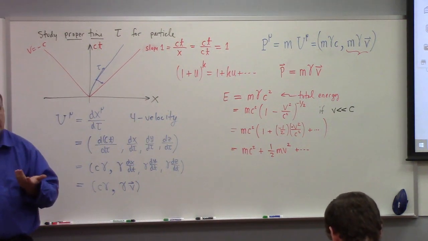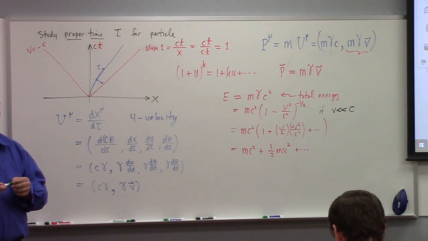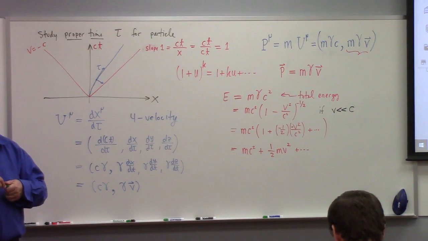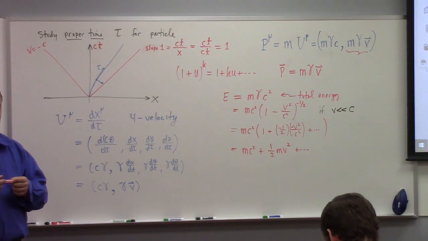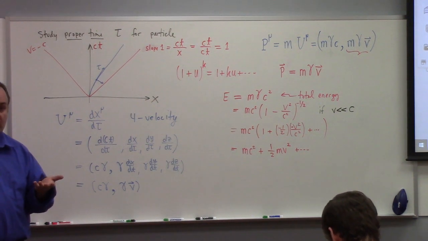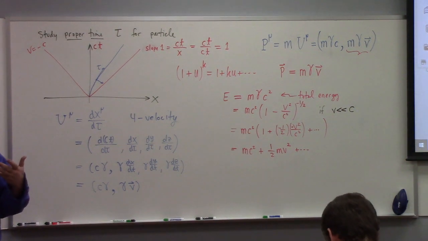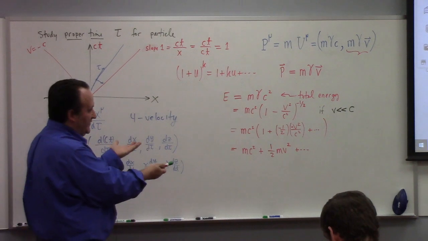What is 1/2 mv squared? It's the kinetic energy. What's that other term? See, it's relevant even in the Newtonian limit. Even when we have v much, much less than c, this term appears in the energy.